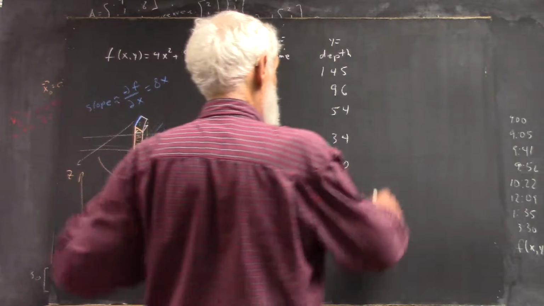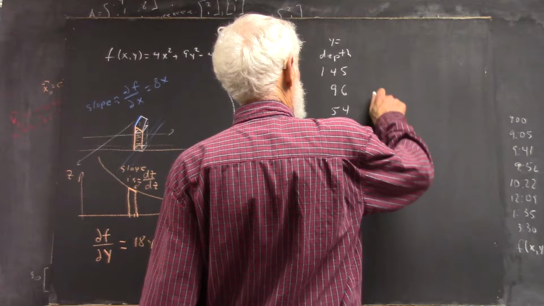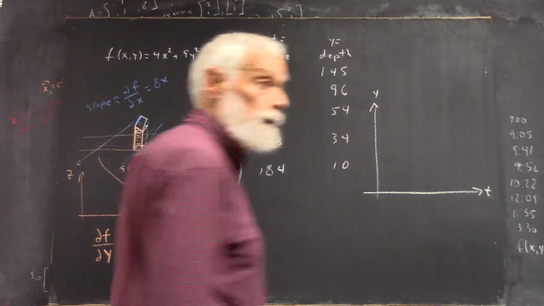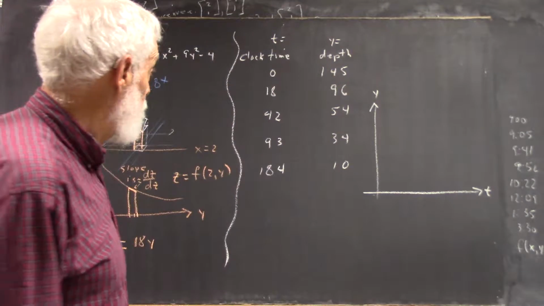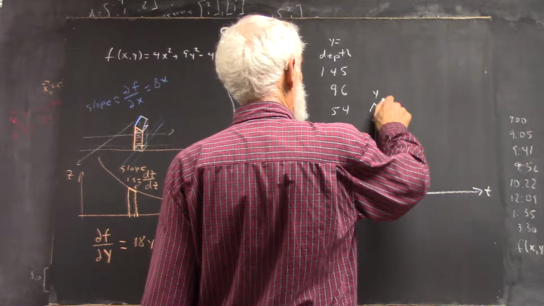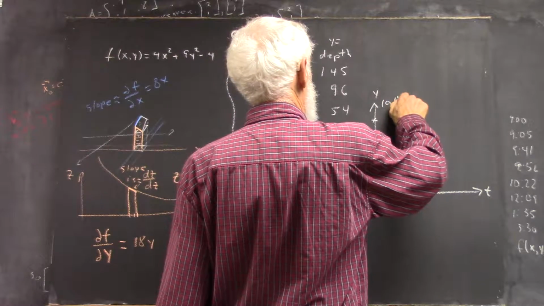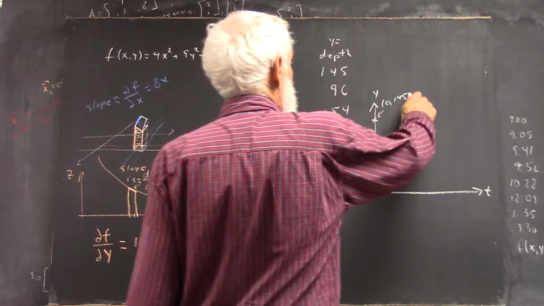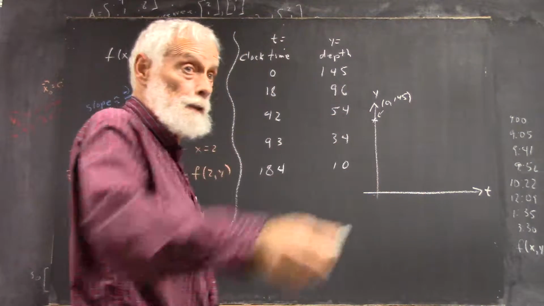So we can clearly make a graph of y versus t. And that graph's first point will be 0, 145. It really will be because we're starting with the first check mark, right?